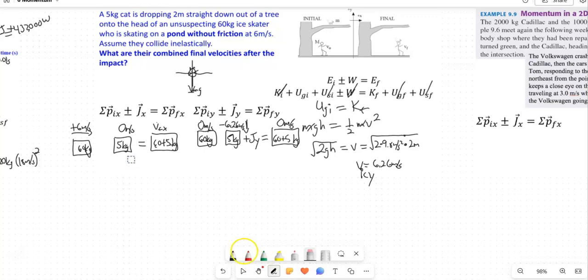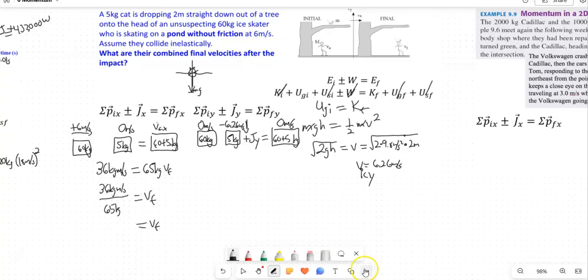And so what you find out is this is 36 kilogram meters per second, and that's equal to 65 kilograms times v final. And so we find out what the velocity of both the kitty cat and the person is. 36 kilogram meters per second divided by 65 kilograms.